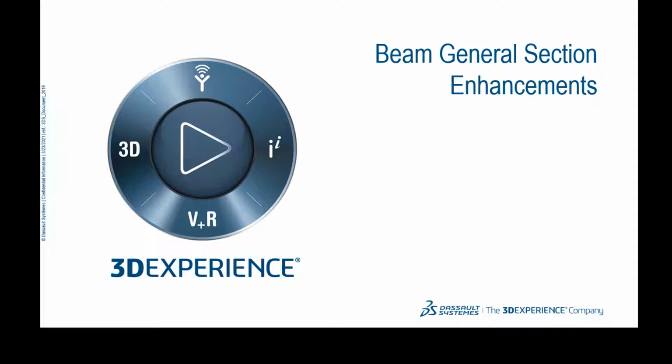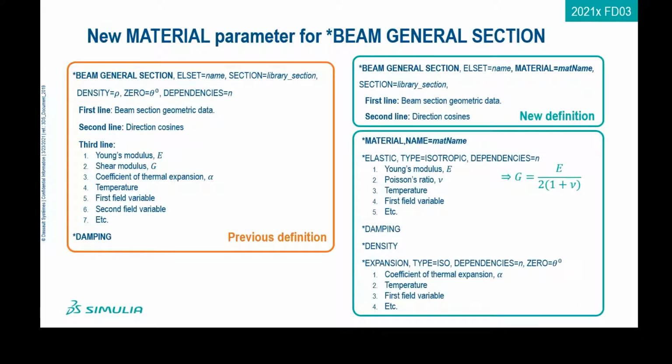Beam general section enhancement. We introduce a new material parameter for the beam general section definition. The keyword is *BEAM GENERAL SECTION, and now we could add the material definition at the section level or at the material level as usual.